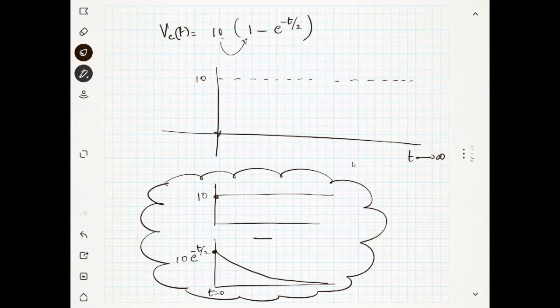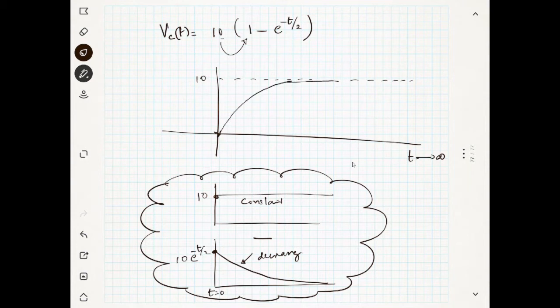Then you can see this value is constant. Constant minus a decreasing value means the value will be increasing or decreasing? This is decreasing, so constant minus decrease will be increasing, because if one side is decreasing, the other side will be increasing. So the capacitor will be charging like this.